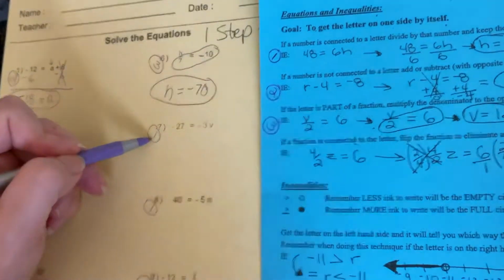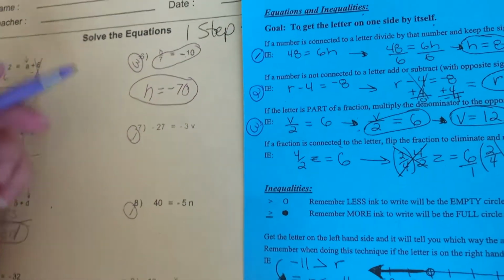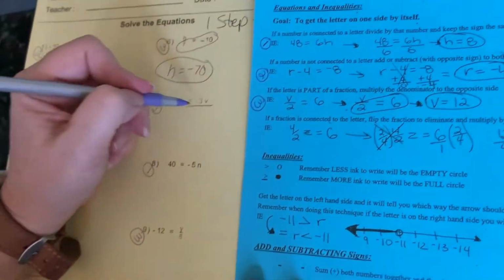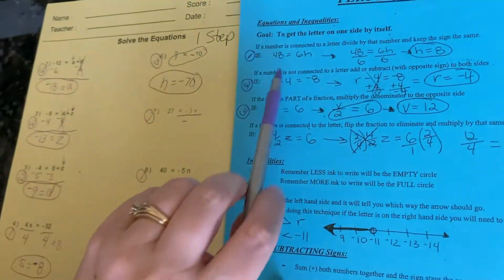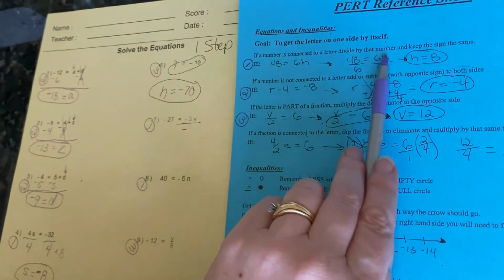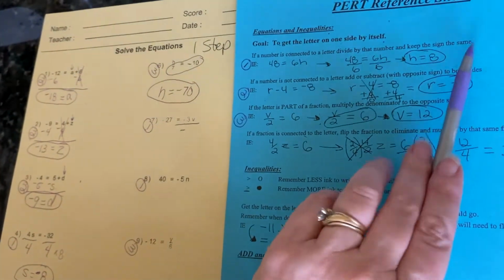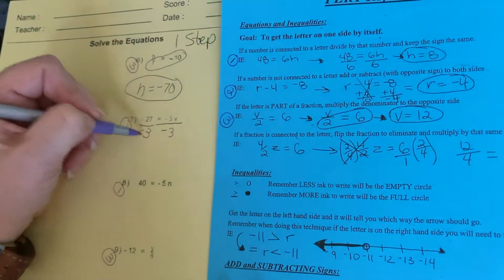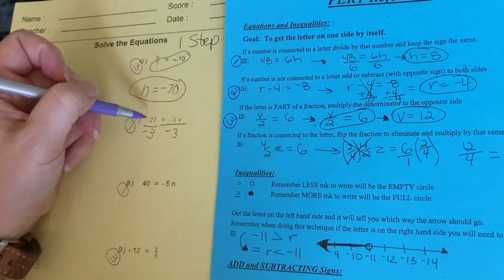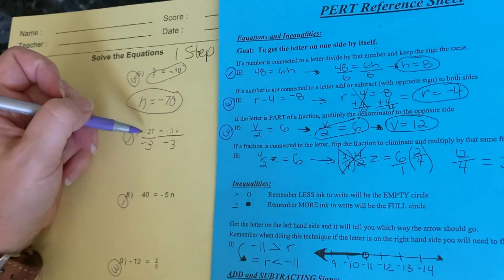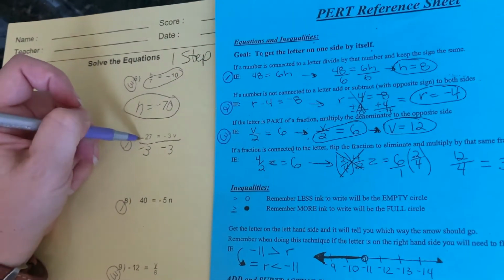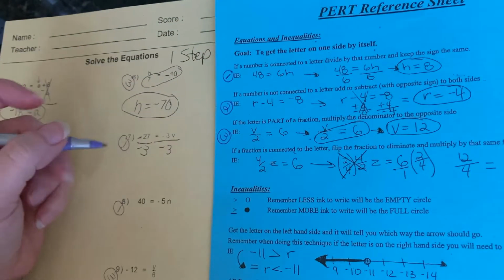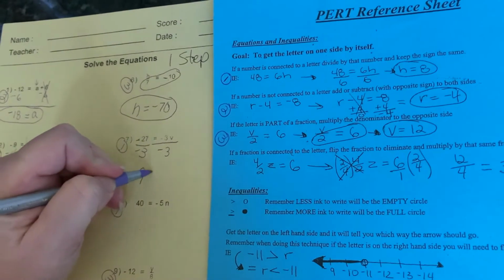And here we're going to go back to the number 1 rule. Remember, if a number is connected to the letter, divide by that number and keep the sign the same. So you have to divide by negative 3 on both sides. If we're dividing two negatives, it's going to equal a positive, because we have negative 27 divided by negative 3, so that's a positive 9 for v.